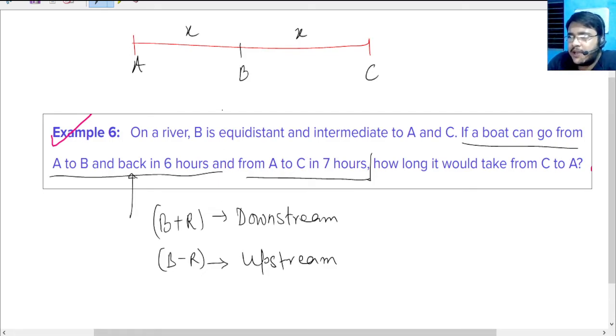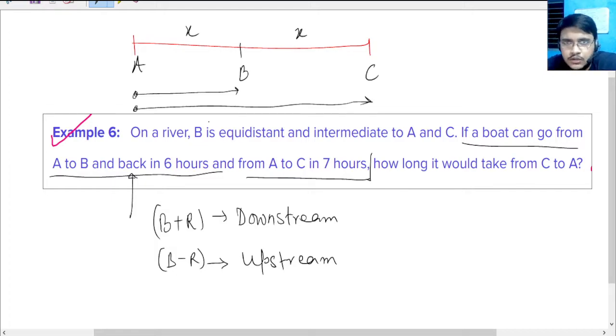Now obviously upstream, downstream, basically we all know what upstream, downstream is. However, what I am more interested in knowing is the same boat goes from A to B, and the same boat goes from A to C also. And we know that the speeds are all uniform, and I also know that the speed of the river is also uniform. So the thing about the boat going from A to C in 7 hours can be considered as one of the components, either a downstream or an upstream.